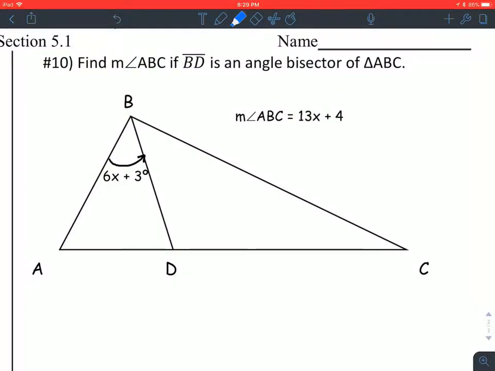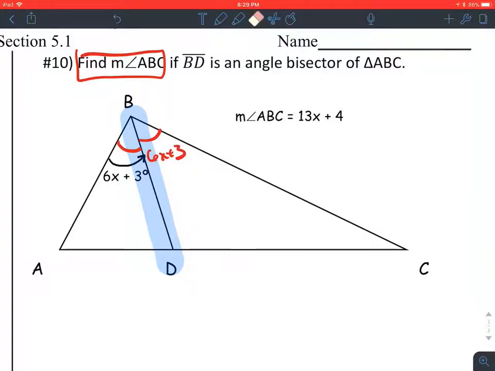Number 10, find the measure of angle ABC. That's the question. If BD is an angle bisector, it means it's going to cut this angle into 2 equal parts, which means that this is also a 6x plus 3.